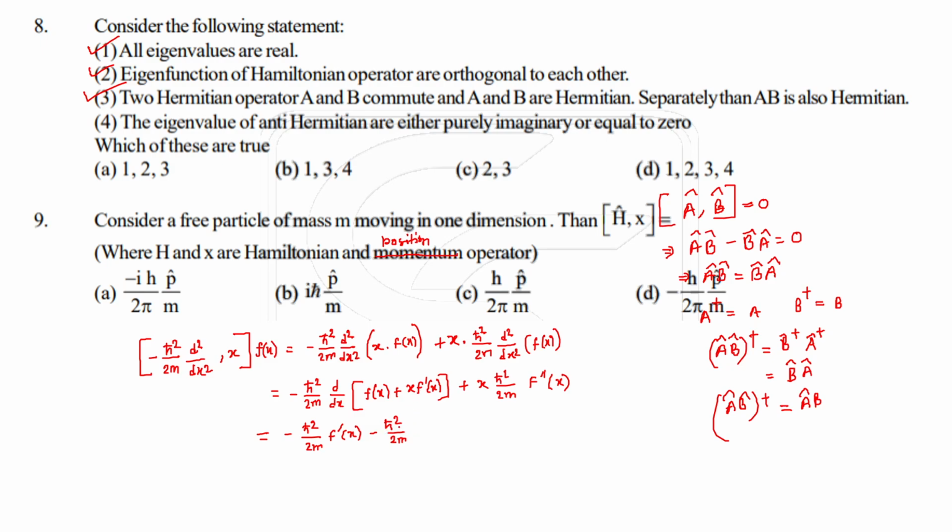Again we are going to have two terms, one is going to be f dash x and another is going to be minus h cut square by 2m x into f double dash x, and this part is already there, x h cut square by 2m f double dash x.